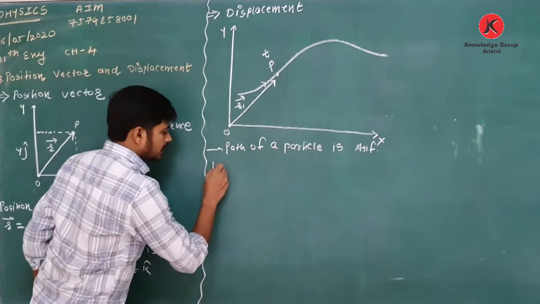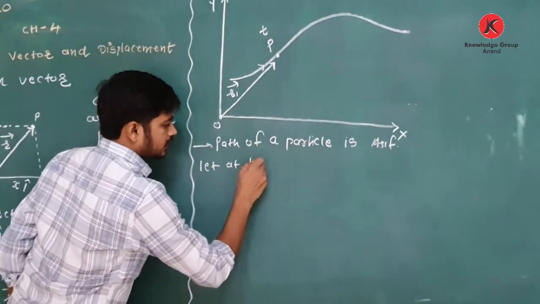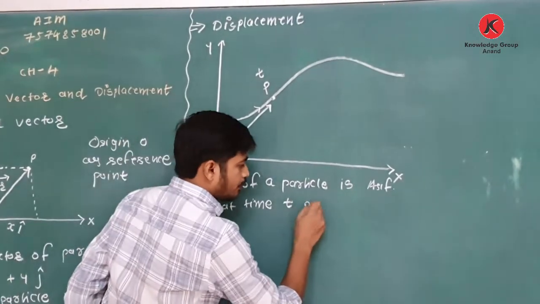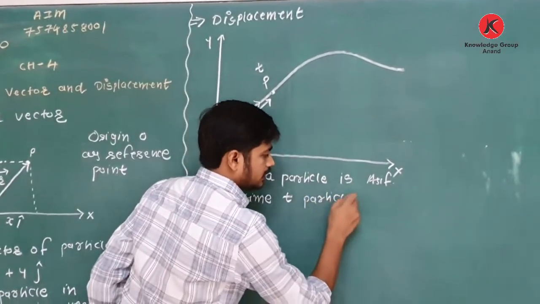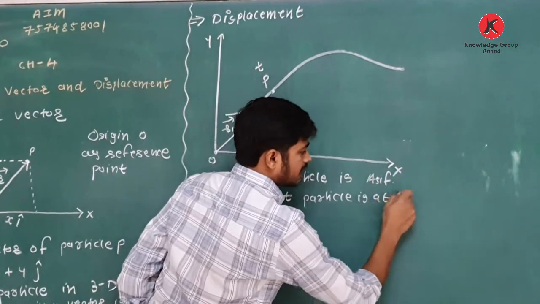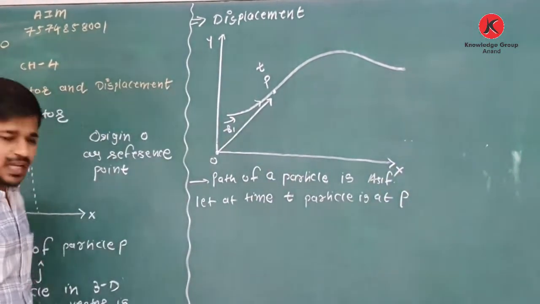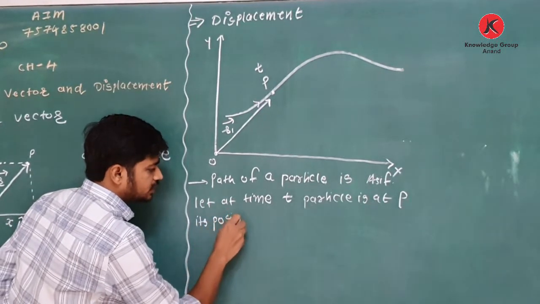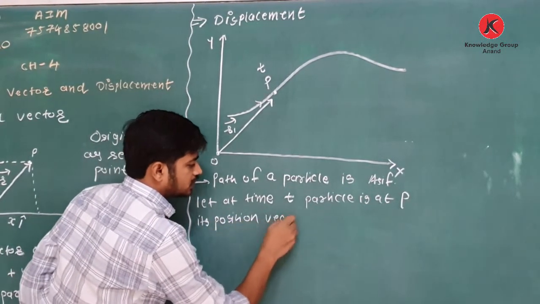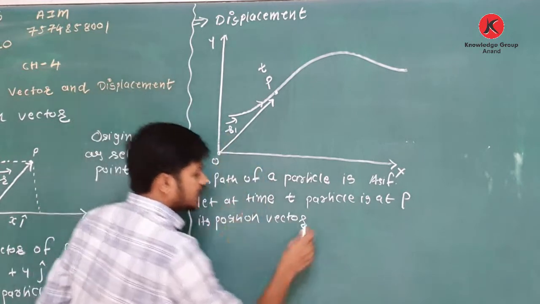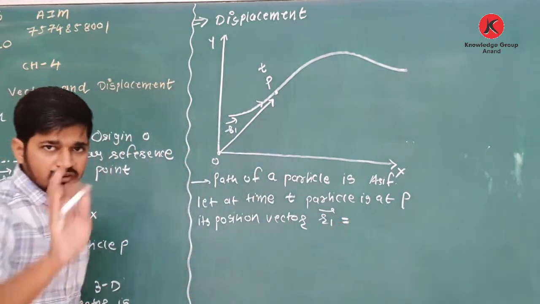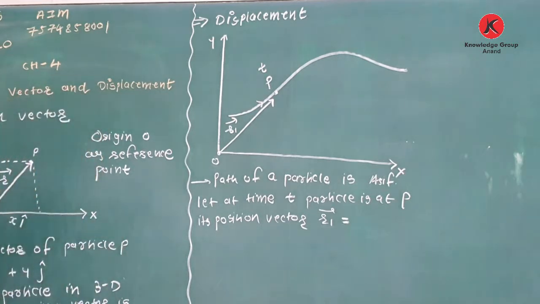Let at time t1 the particle be at P. So its position vector I am writing as R1 is equal to, how to write R1? We know R is equal to xi plus yj, x coordinate and y coordinate.